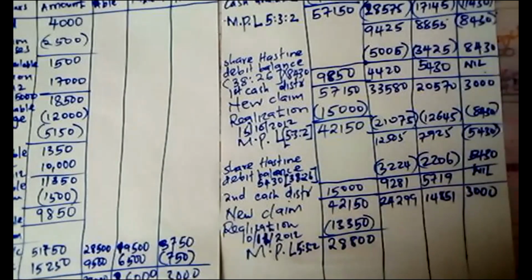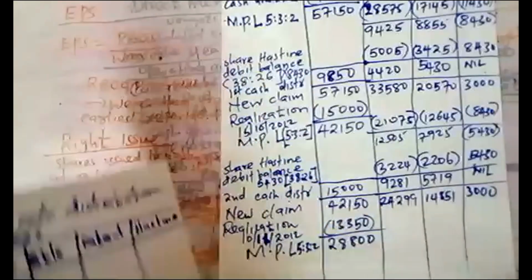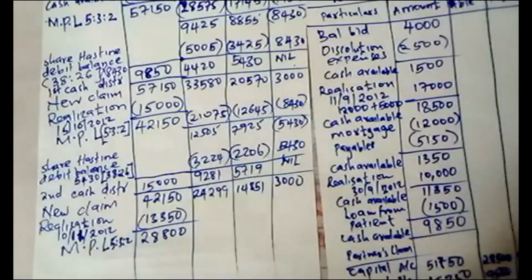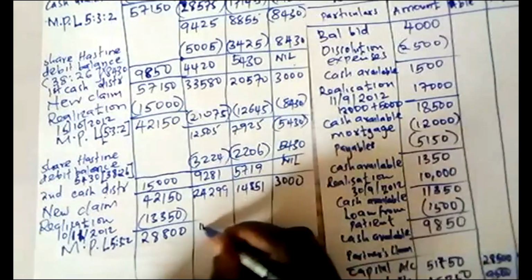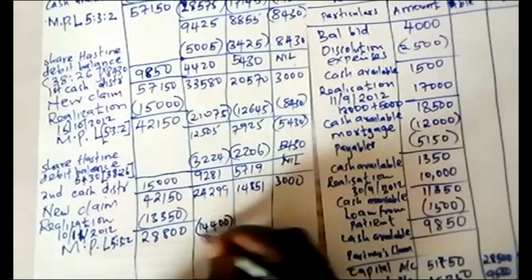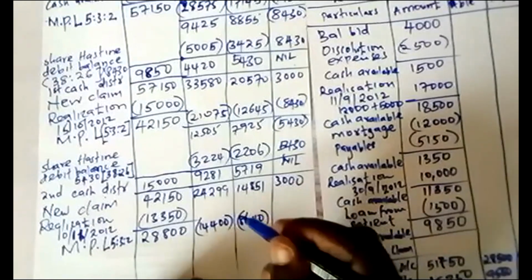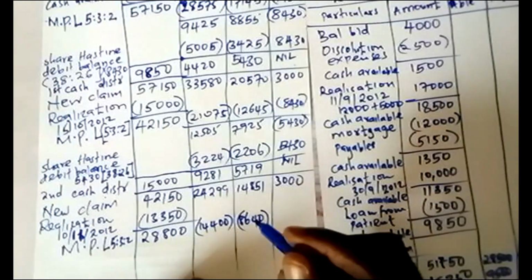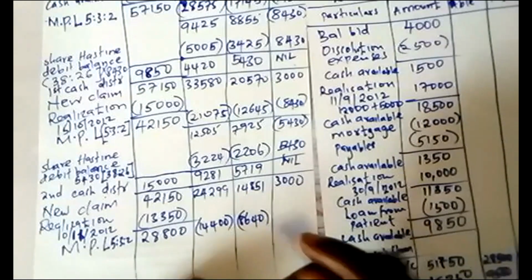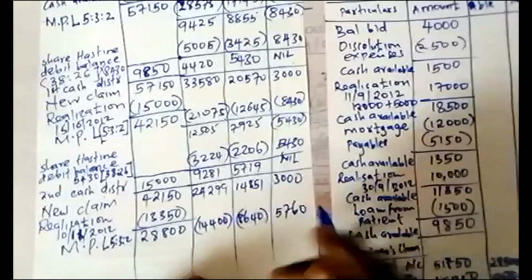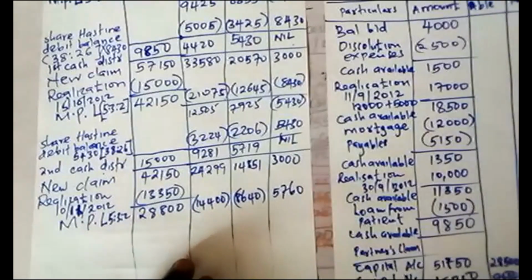So you are getting 14,400, then 8,640, then 5,760.